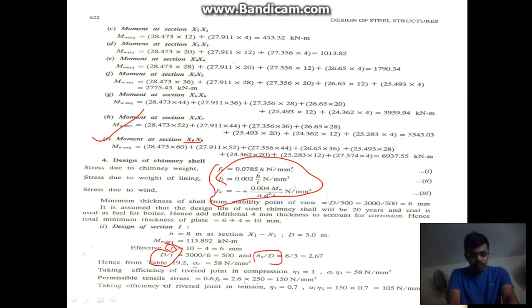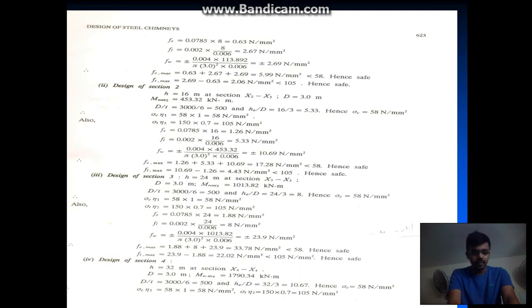Then we'll be going for the riveted joints, which will be in tension. Similarly, we have calculated various stress measures, then maximum stresses, and hence we got it as safe. Similarly, all the stress calculations and moment calculations we have to do for the individual sections.